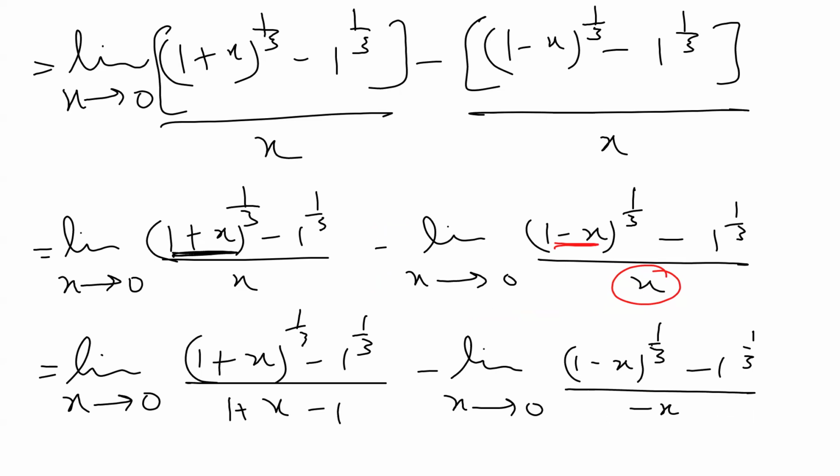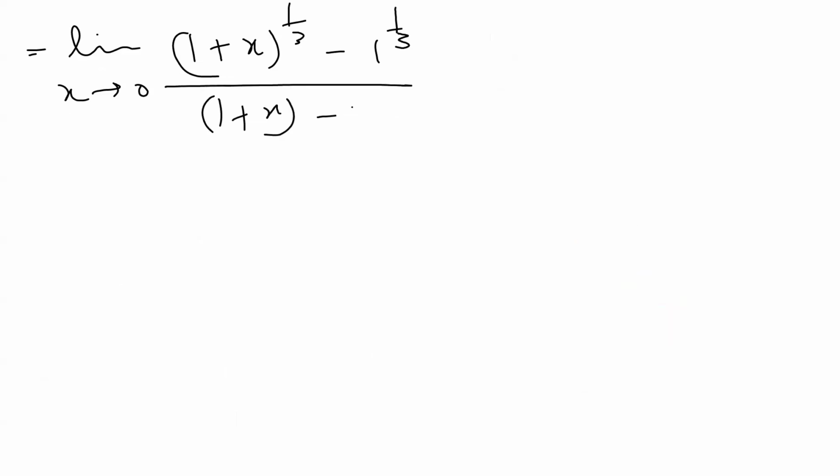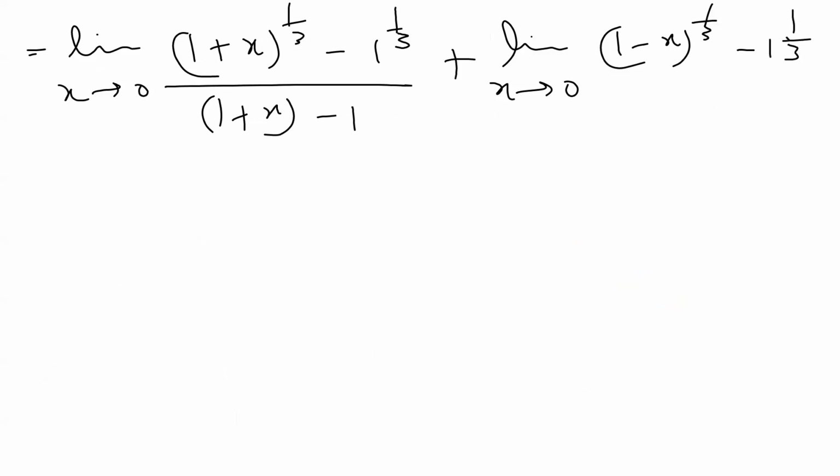The next step, I'm writing one more step for you. Limit x approaching 0, (1 plus x) raised to 1 by 3 minus 1 raised to 1 by 3 upon (1 plus x minus 1), plus limit x approaching 0, (1 minus x) raised to 1 by 3 minus 1 raised to 1 by 3 upon (1 minus x minus 1). So I'm adding 1, I'm subtracting 1.